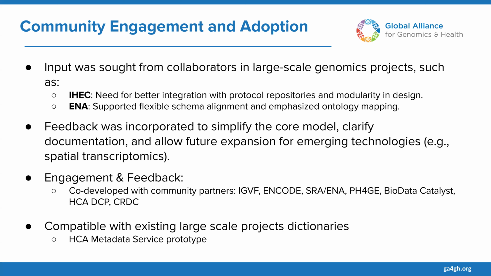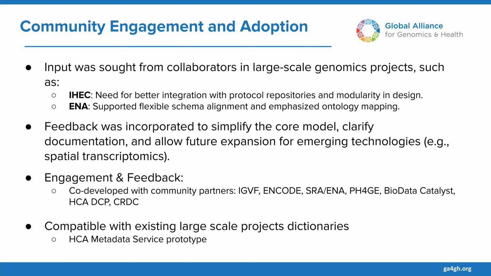As for engagement and feedback, this checklist was co-developed by multiple community partners who have joined our calls over the past 2 years: IGVF and ENCODE, the SRA, ENA, PHAGE, Biodata Catalyst, the Human Cell Atlas, CRDC, and etc. The checklist is compatible with existing large-scale project dictionaries.